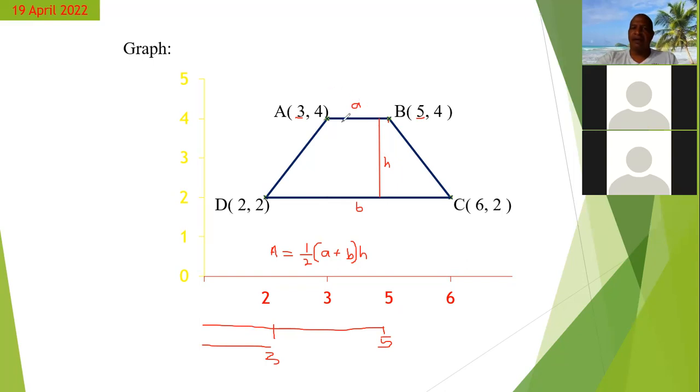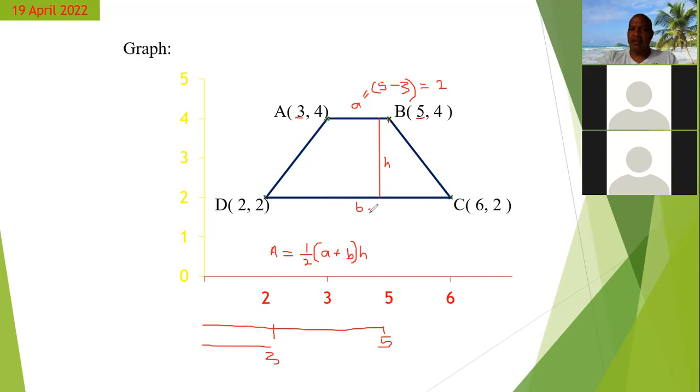All right, so this length here is 5 minus 3, and what do you get? 2, sir. That means A would be equal to 2. What would you now get for B? So B, 2 and 6, 4, sir.